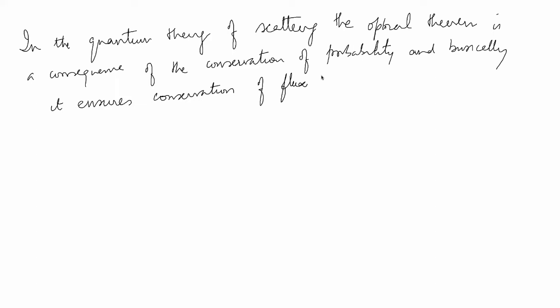Now, those particles are coming, and then you are placing an object before it. Therefore, some of the particles will get scattered, and therefore, some of the particles won't be able to move in the forward direction. Therefore, the amplitude in the forward direction will get diminished. Okay.